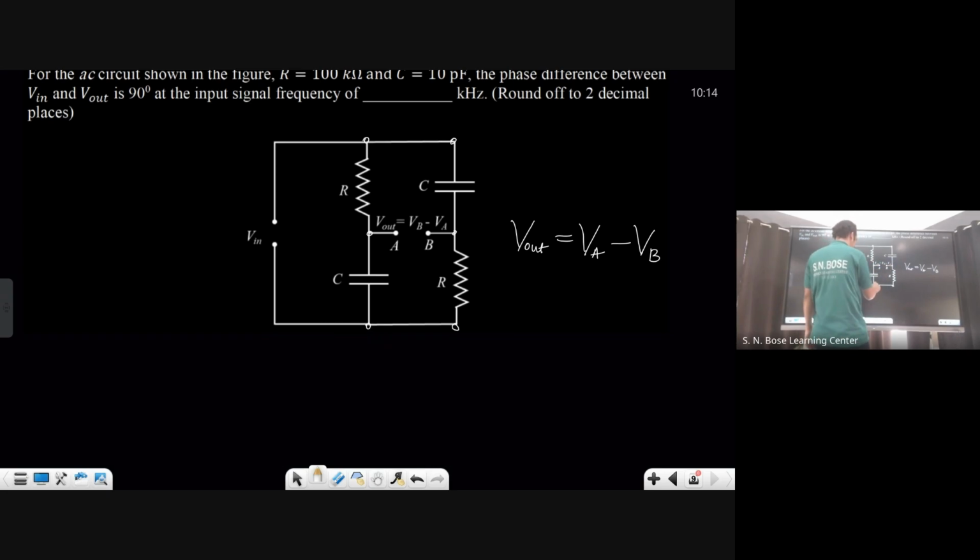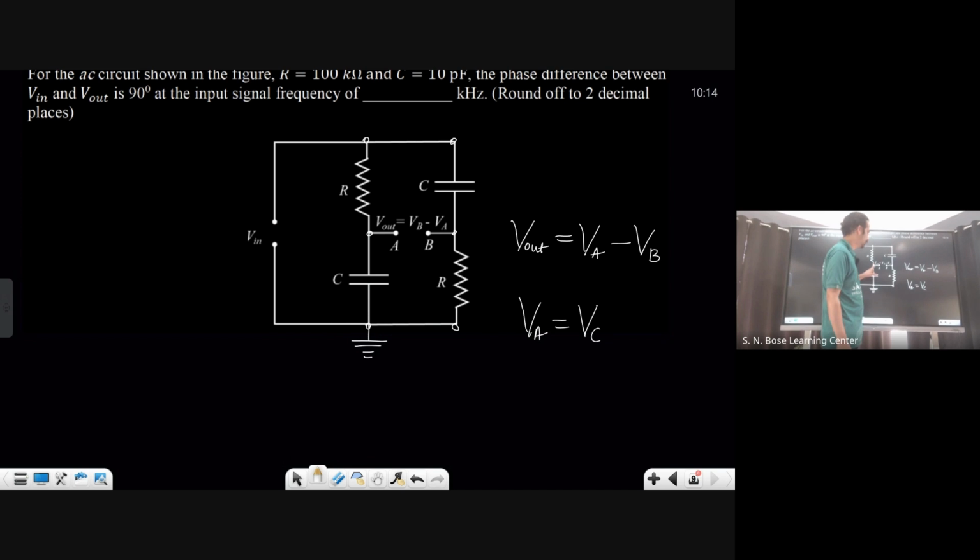But I'm saying you just check this out. I'll pick one reference, 0 volt. With respect to this one, this is becoming positive, negative, positive, negative. That's how it is. It is sinusoidal. I can think of it like this; it can always be done. Then V at A is nothing but VC.